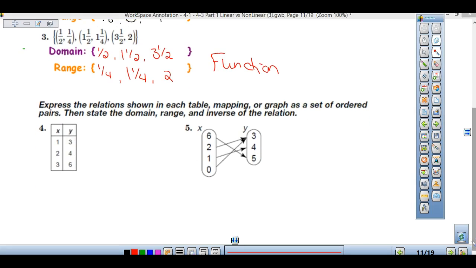All right, number 4. We have a table. What they want us to do is write it as ordered pairs. So the first one is 1, 3. Second one is 2, 4. And the third one is 3, 6.